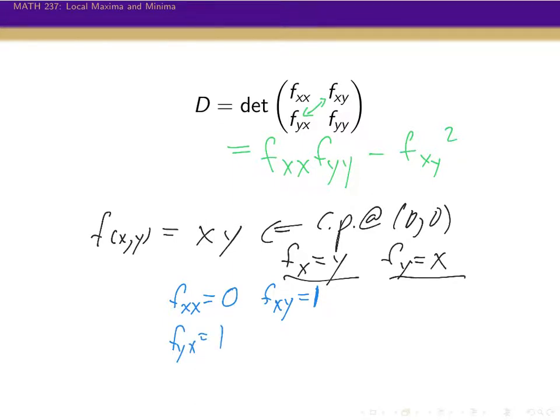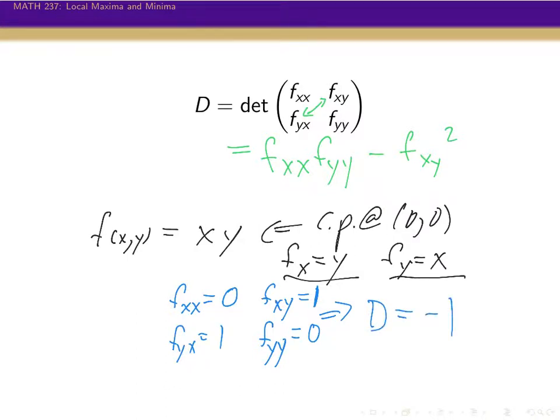Doesn't matter which one I choose. And if I do two partials in terms of y, then I'm taking the derivative of x in terms of y, and that's also going to be 0. And so if you go through and do the determinant here, it'd be 0 times 0 minus 1 times 1. This gives us D is equal to minus 1.